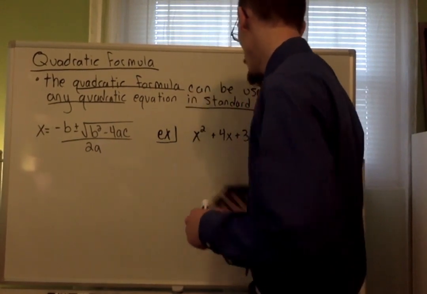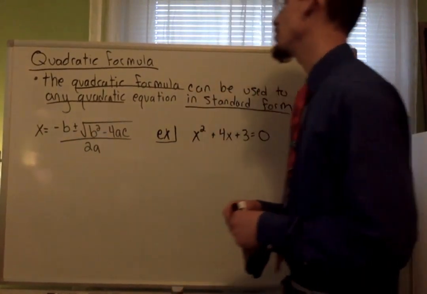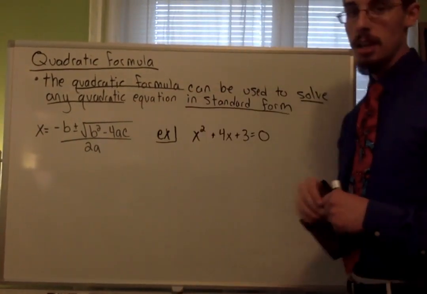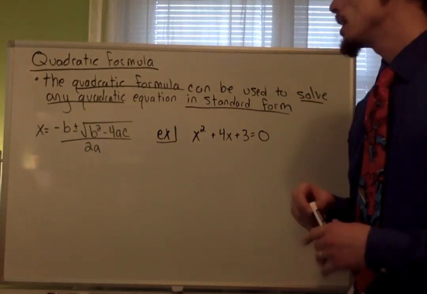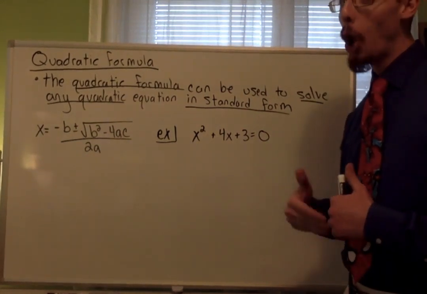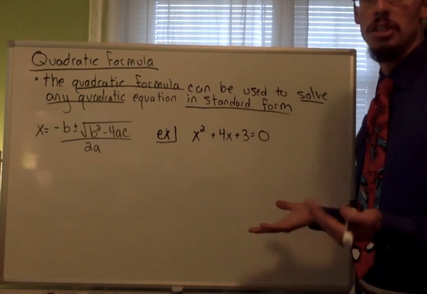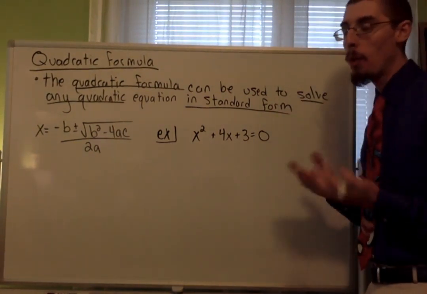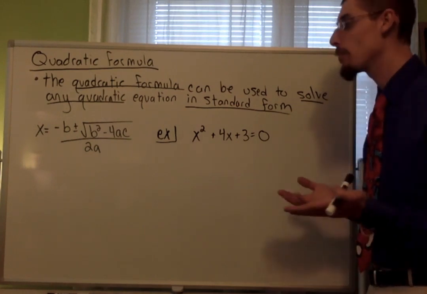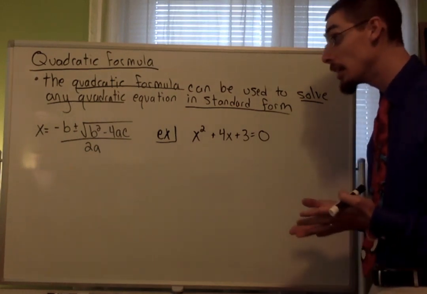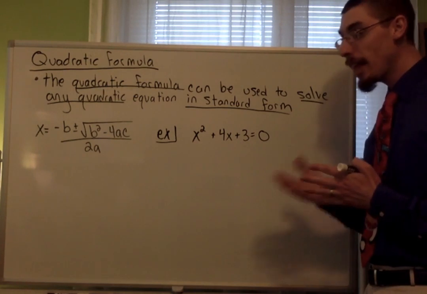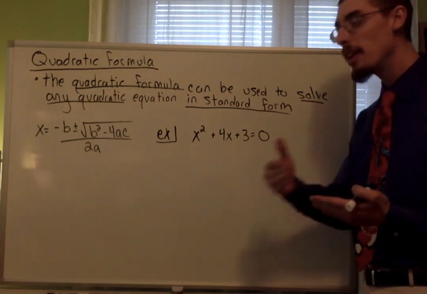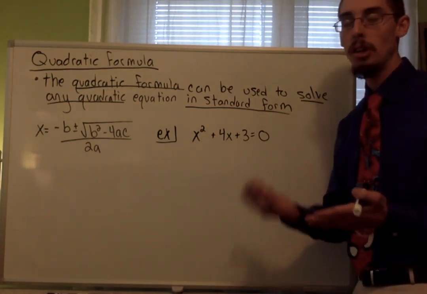So the quadratic formula really is something that allows us to solve any quadratic equation. It has the potential to be the longest method, which is why we don't teach this first, right? If this solves any of them, why wouldn't I just use this all the time? Well, because it's lengthy, right? You don't want to spend all your time solving every single equation.